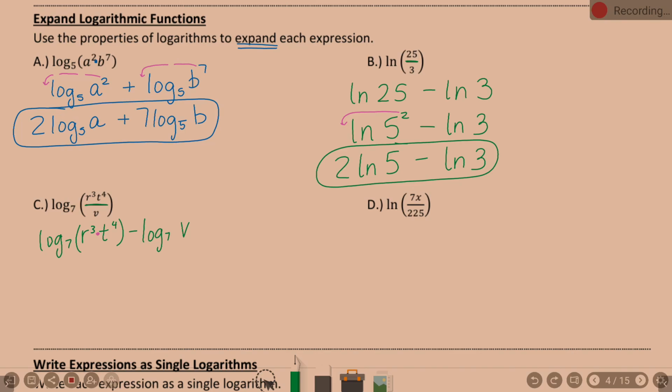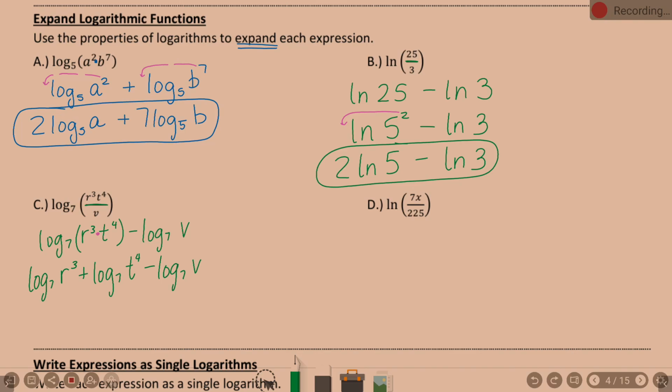Multiplication within a log can be rewritten as 2 logs being added. So we're going to have log base 7 of r to the third plus log base 7 of t to the fourth. And don't forget, what do we still have? Log base 7 of v.